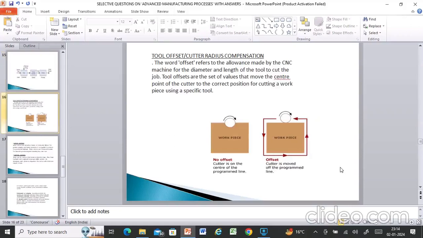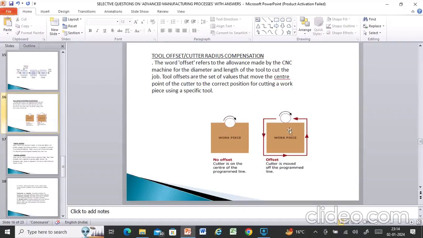Tool and cutter compensation. The word offset refers to the allowance made by the CNC machine for the diameter and length of the tool to cut the job. Tool offsets are set of values that move the center point of the cutter to the correct position for cutting a workpiece using a specific tool. Look at this figure.